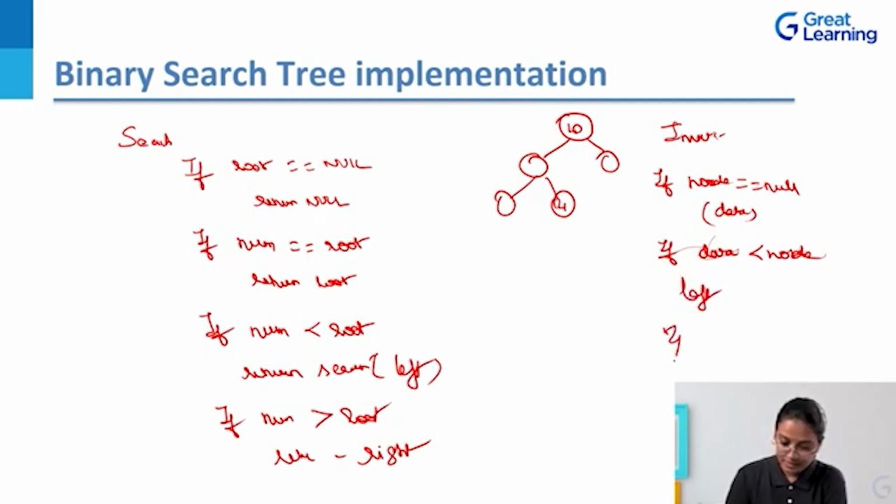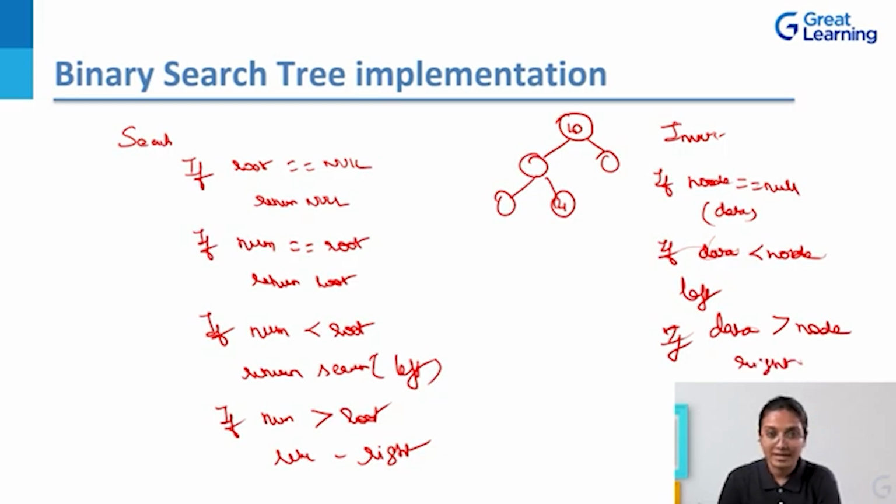If there's one more condition, the value given by the user is greater than the node value, then it goes towards the right side and we insert the element accordingly as per the conditions it is satisfying, right? So this is about search and insertion.